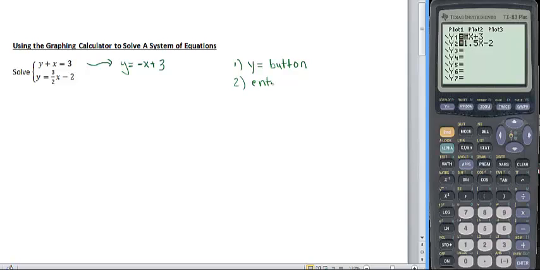So you're going to enter equation 1 into the y1 of your graphing calculator, and you're going to enter equation 2 into the y2 of your graphing calculator. And you can see I've done that already here. Instead of putting 3 divided by 2, I just put in 1.5. So type that in your graphing calculator.